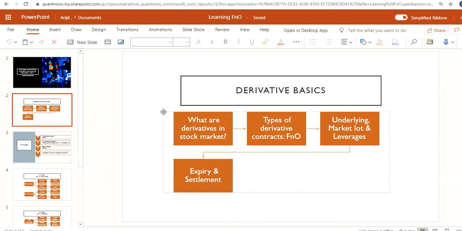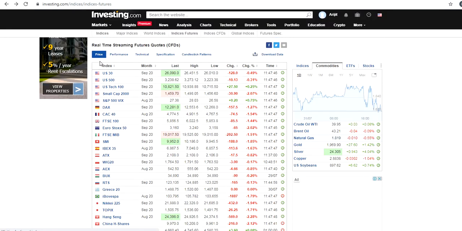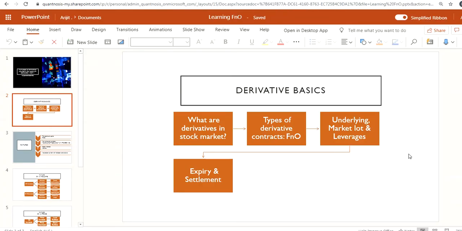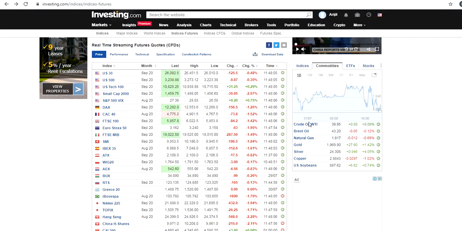Okay, so there could be a derivative for an individual stock, or a derivative of an index. Talking about indices, it could be for Dow or Nasdaq, or DAX, or our Nifty, Bank Nifty. It could be based on many things like commodities. There could also be derivatives based on crude oil or gold or silver.